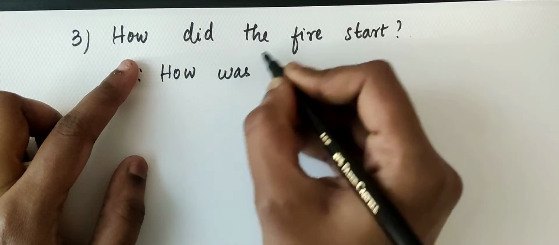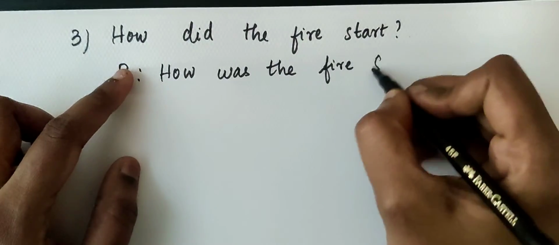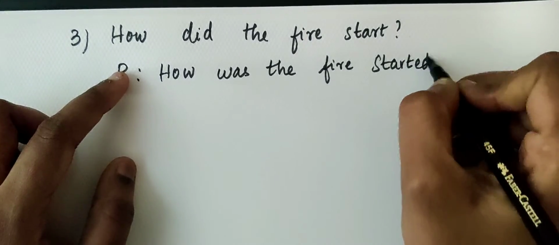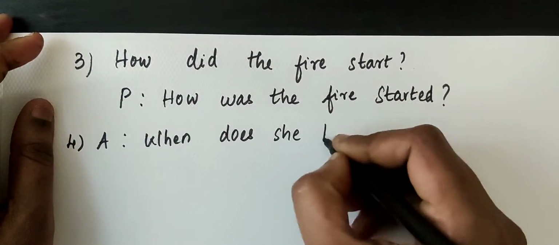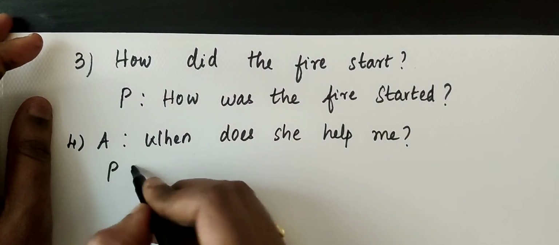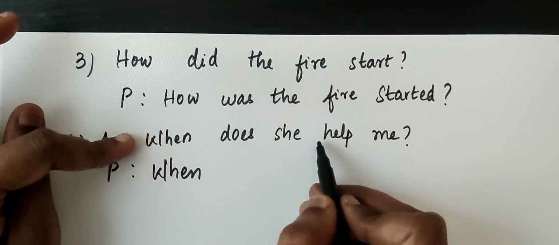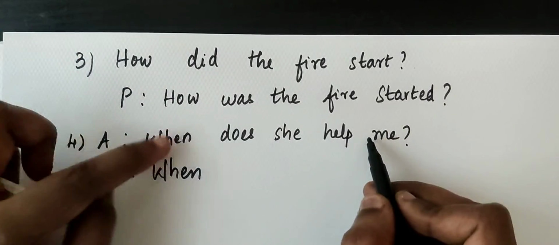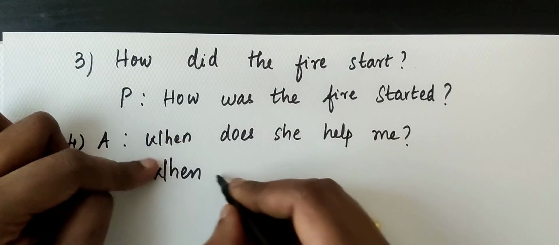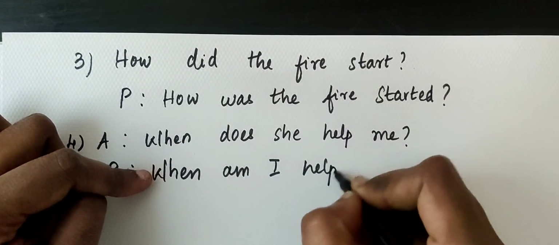So how was the fire started? She helped me. In passive, when, just write when, and this is in present tense. Okay, does she help me? So when am I helped by her?